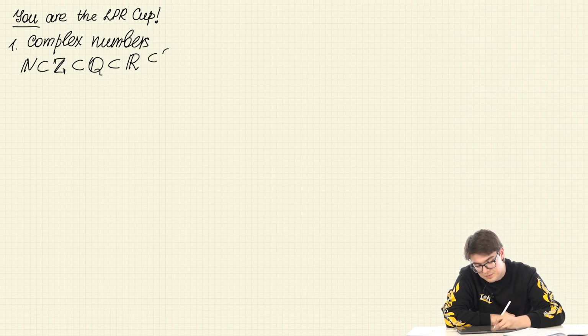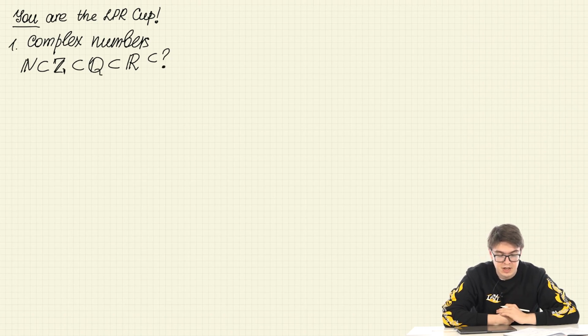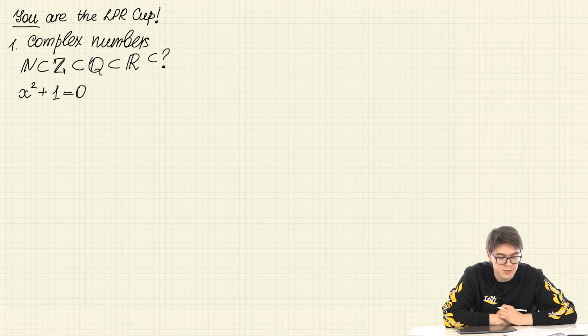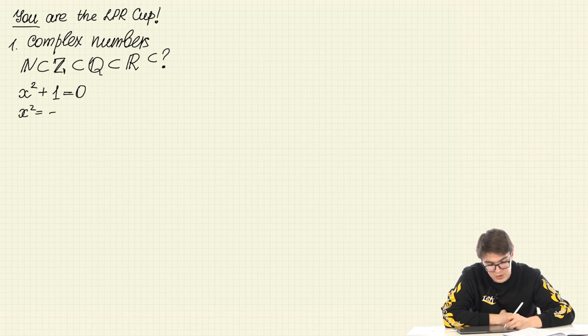But what comes next? That is the question which was addressed to famous mathematicians of the 18th century. They considered the easiest equation, which might seem to you unsolvable: x squared plus 1 equals 0, so x squared equals minus 1.